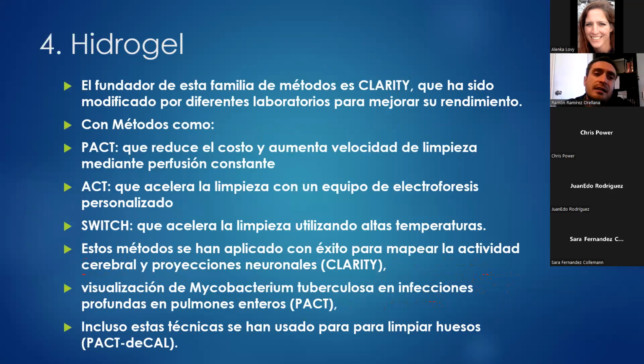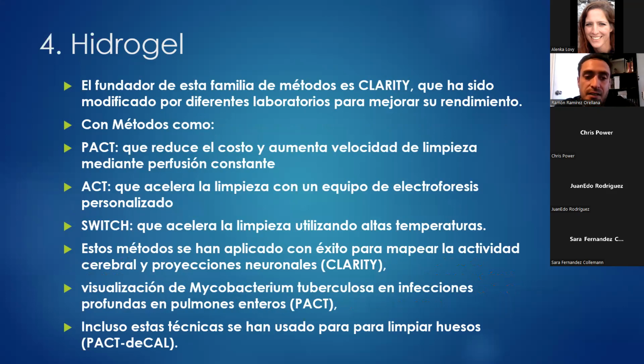Bueno, como les comentaba, el fundador de esta familia de métodos se llama Clarity, que ha sido modificado por diferentes laboratorios para ir mejorando su rendimiento. Entre estos métodos más conocidos está el PACT, el ACT y el SWITCH, y ahí los vamos a ir comentando a continuación.